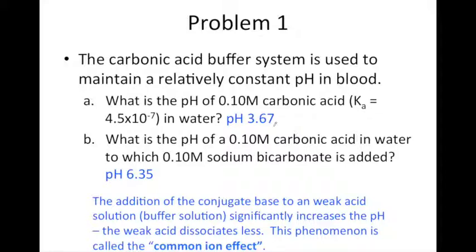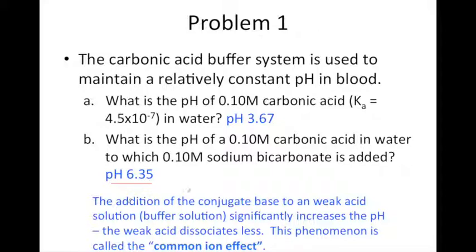If you put carbonic acid in water, but you added some of the conjugate base, the pH would drop, but not as significantly from 7. So pure water is a pH of 7. The pH would drop to 6.35. So it would decrease because we have an acid in there, but not nearly as much.